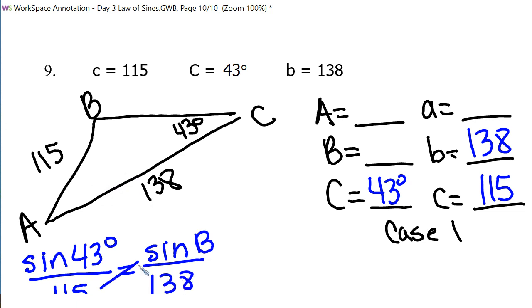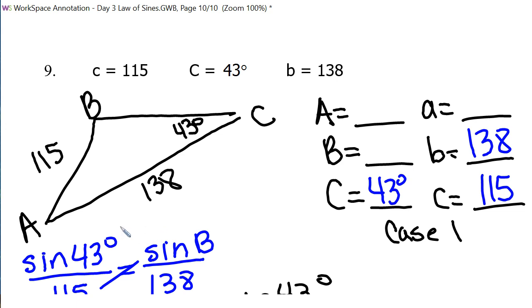Cross multiplying, that gives me 115 times the sine of angle B is equal to 138 times the sine of 43 degrees. Divide both sides by 115.